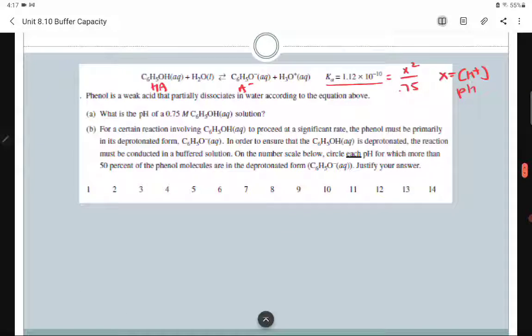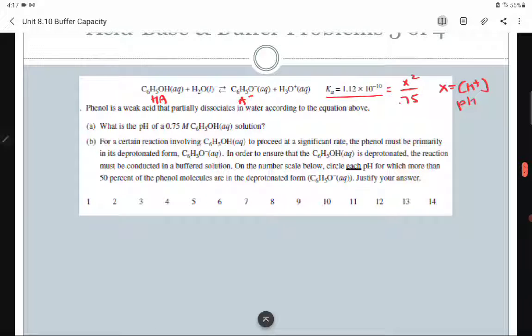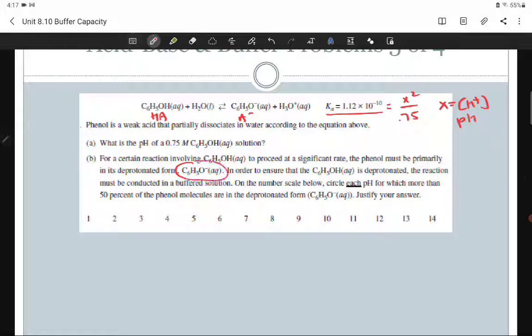Part B. For a certain reaction involving the phenol, it must be primarily in its deprotonated form. It defines what that is, so that is in its A minus form.